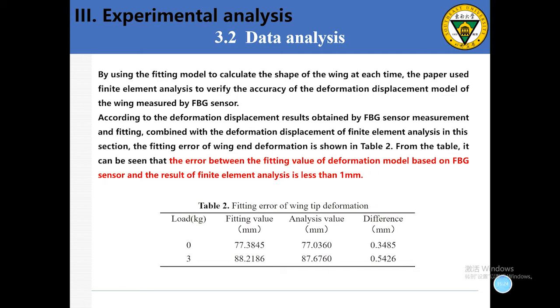In Table 2, it can be seen that the error between the fitting value of deformation model based on FBG sensor and the result of the analysis is less than 1 micrometers.